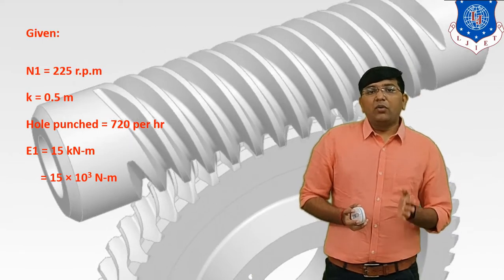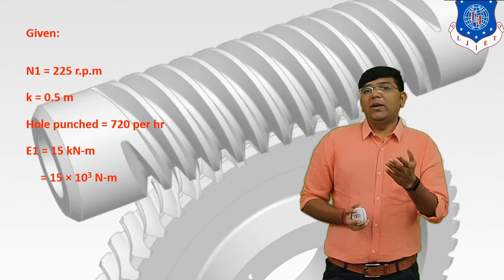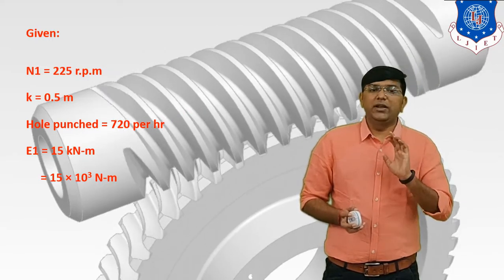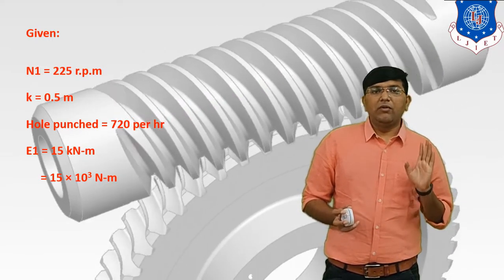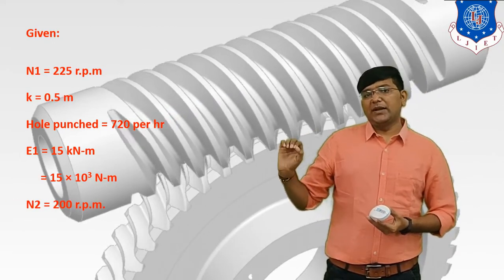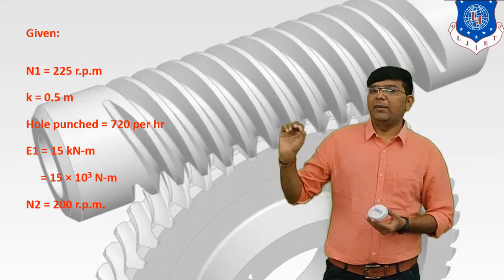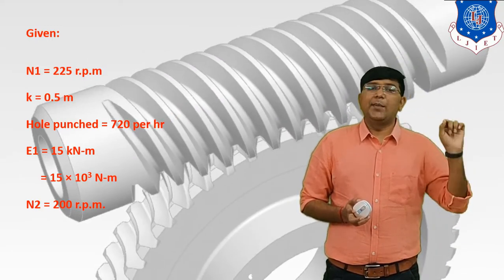And we have to convert this value into newton meter, so you have to multiply it by 10 raised to 3. So 15 into 10 raised to 3 is the energy required for one punching operation. And the minimum speed is 200 rpm. Clear?